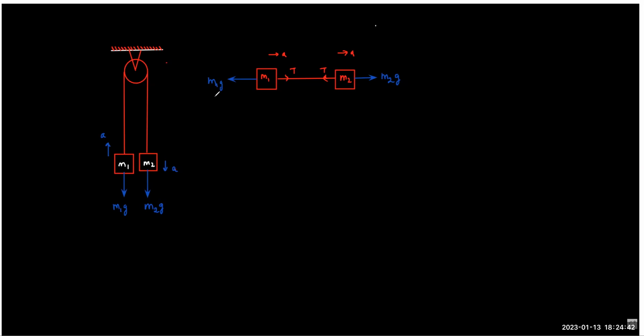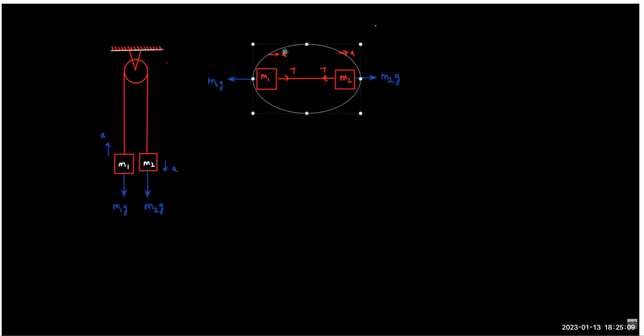Whenever you have a system in which you can sense that the acceleration is going to be the same in value at least, and in the sense also, then instead of thinking of two separate masses, we can think of one single mass. So these two masses can be replaced by a single mass.